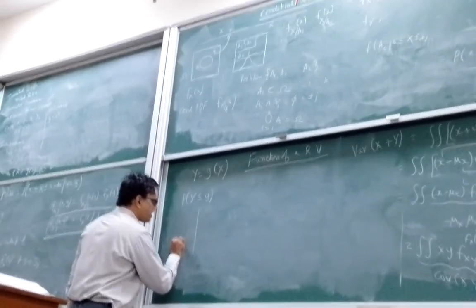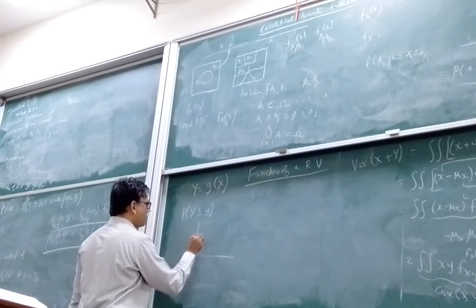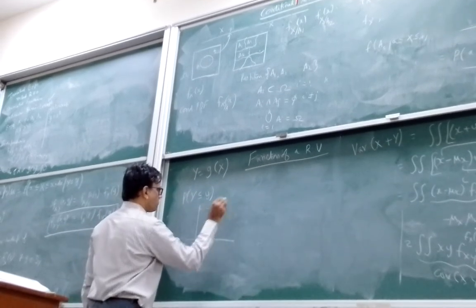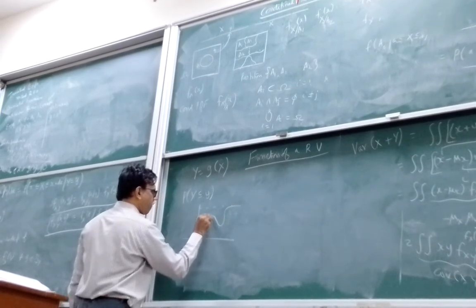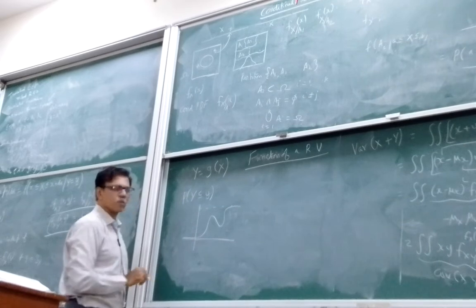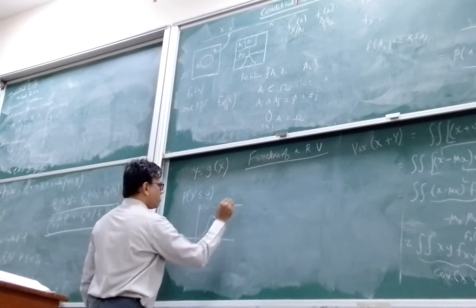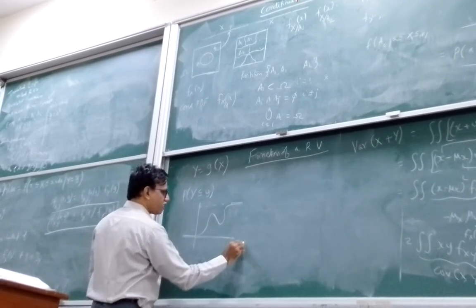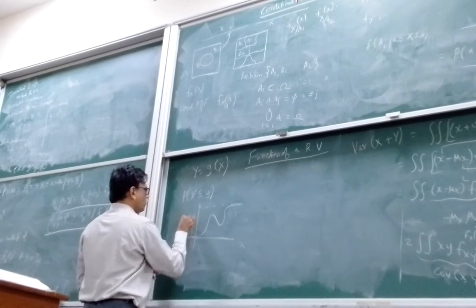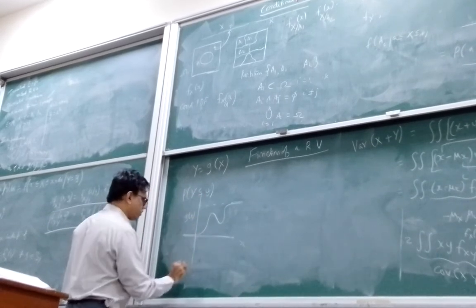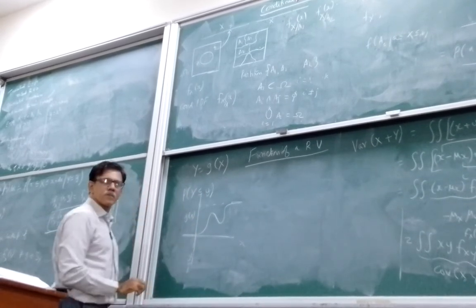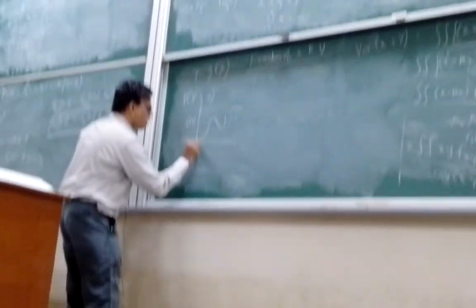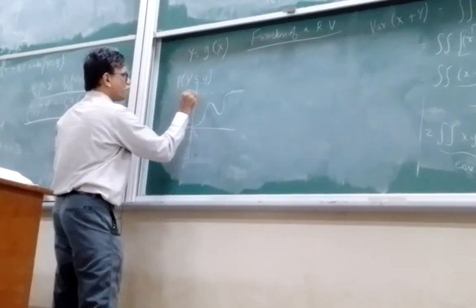Let us say the function g of x has the form like this one. This is x, this is g of x, and this is the y-axis. We will call this y1, this y2.